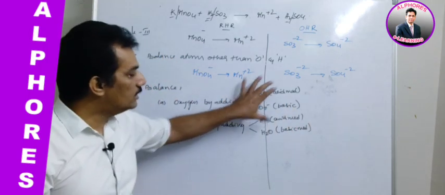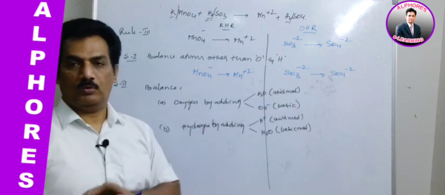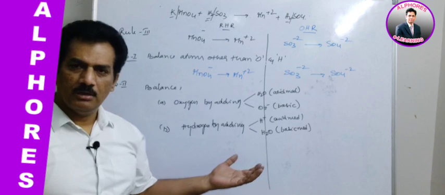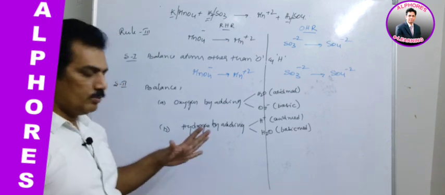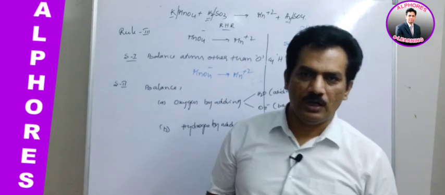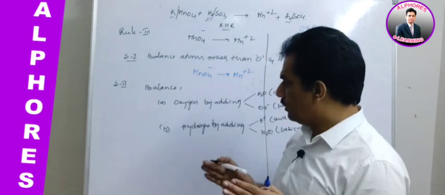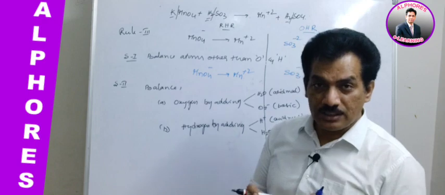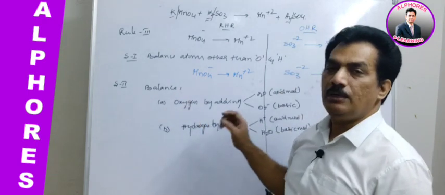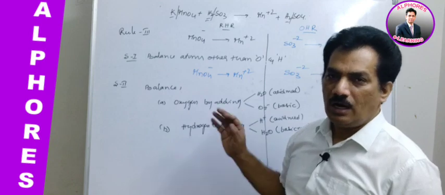Here only the media is playing a role, no other place. You need not worry about the remaining steps. All the remaining steps are the same for both acidic medium and basic medium. The only step where the difference is observed, depending on the media, is this one, in balancing oxygen and hydrogen.